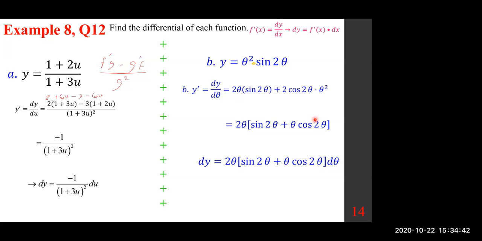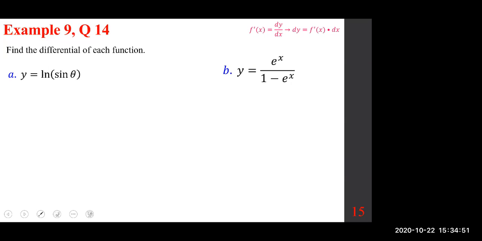I think we're ready to move on, class. We're going to look at more differentials. Again, f prime of x dx. In this case, your independent variable is theta, so you want y prime, which becomes dy d theta.